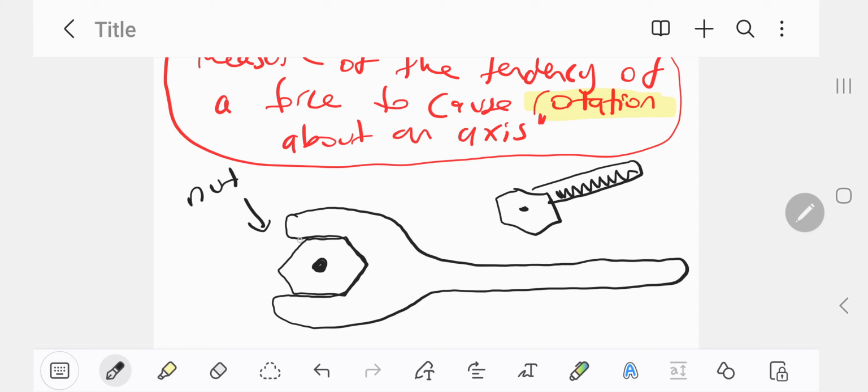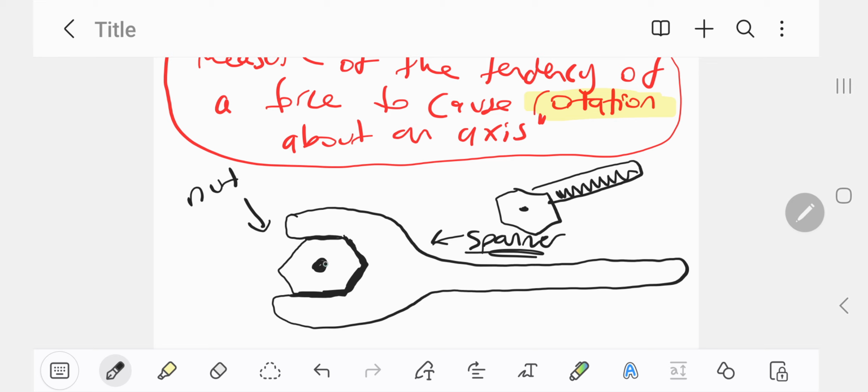Its outer portion matches, so if you get the right spanner, it matches the outside of the nut. These pop up all the time in torque problems. Now in the US and Canada, in North America, it's sometimes called a wrench, but in Australia and the UK, it's called a spanner.